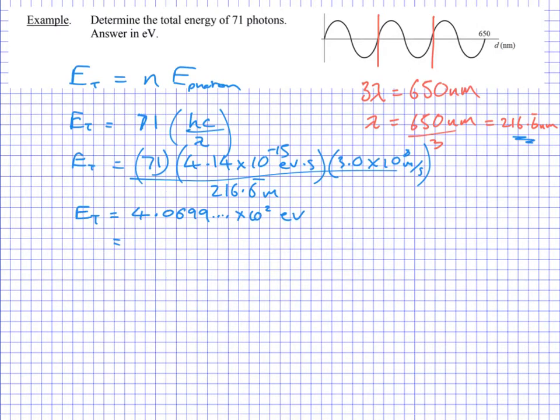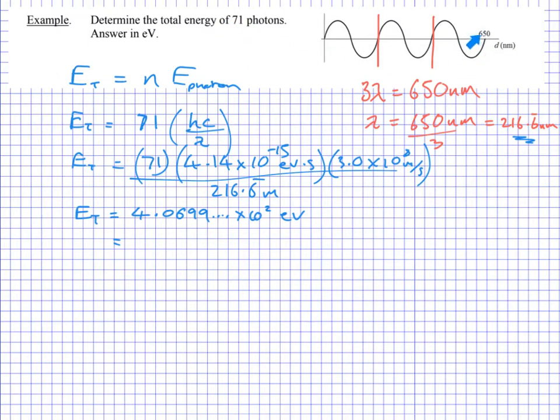Looking at my significant digits, well, the measurement I used was 650, and I'm told that it's 71 photons. I'd be tempted to say 2 significant digits here, but a photon count is an integer or a discrete number, so that's not going to count as part of my measurement or my significant digits.